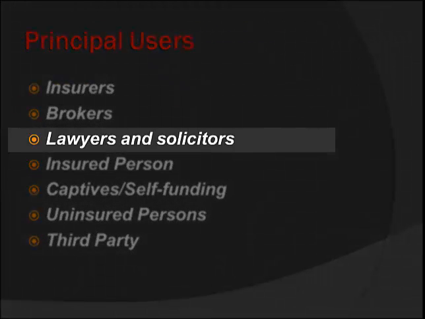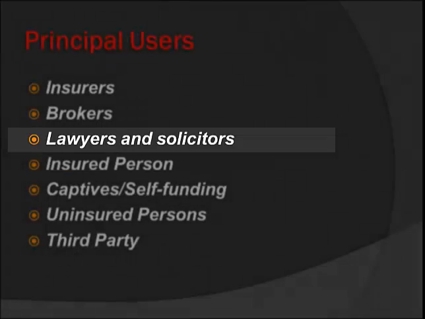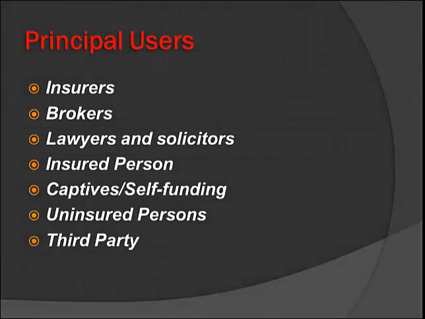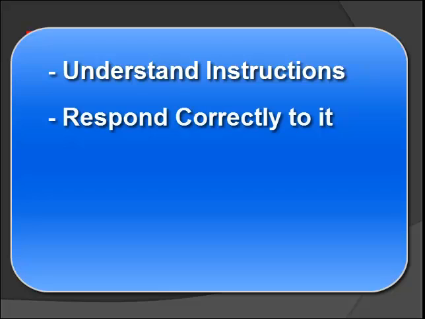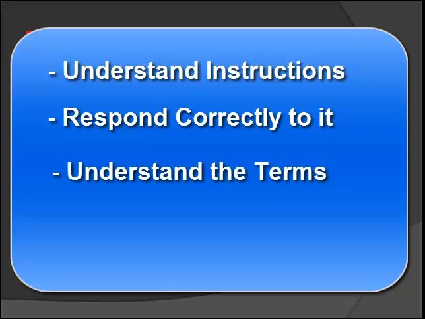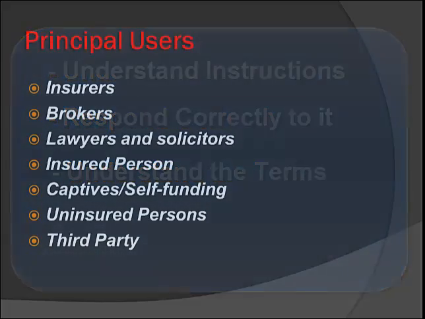Lawyers and solicitors. Lately, solicitors and lawyers are making more and more use of the investigator. In cases where they act on behalf of the insurers or plaintiffs, the investigator or adjuster should therefore firstly ensure that the instructions received are clearly understood, secondly correctly respond on his principal's instructions, and thirdly understand the terms discovery and/or legal professional privilege when preparing a report for lawyers or solicitors.